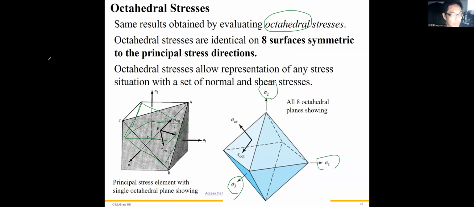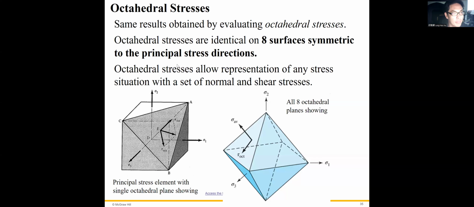For the previous case, we have only one surface. However, for the octahedral stress, there are 8 octahedral planes or octahedral surfaces, and on each surface it has an average stress, which we call the octahedral stress.